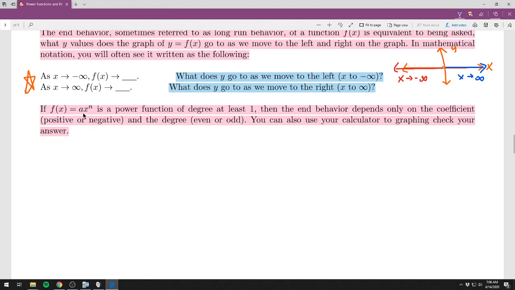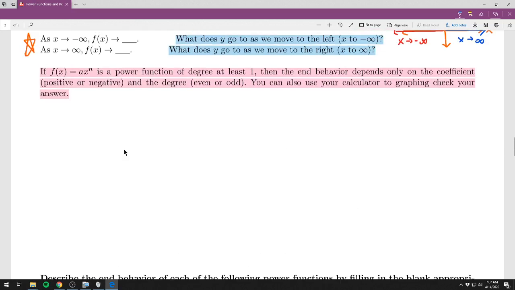It says if f of x equals a times x to the n is a power function of degree at least 1, we're not going to have degree 0 here, we're not going to have just numbers, then the end behavior depends only on the coefficient, whether it's positive or negative, and the degree, whether it's even or odd.